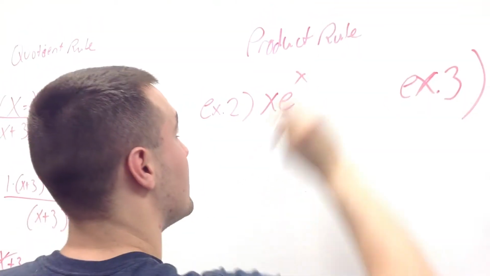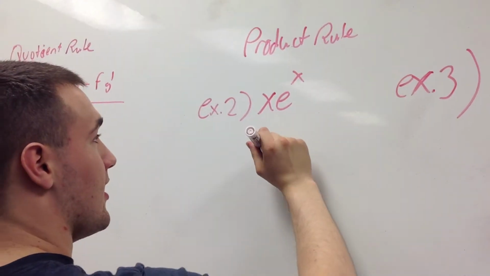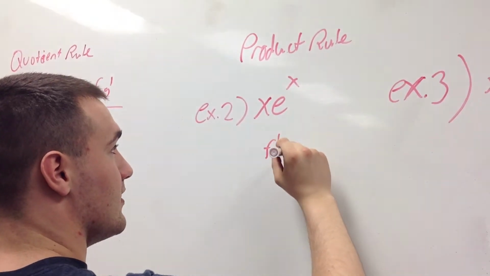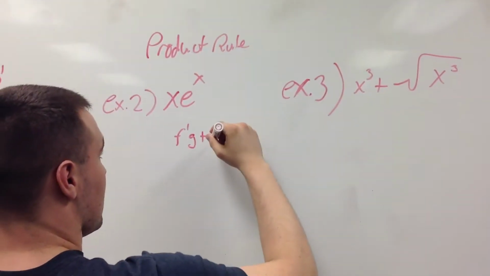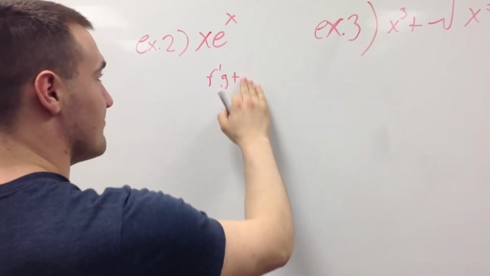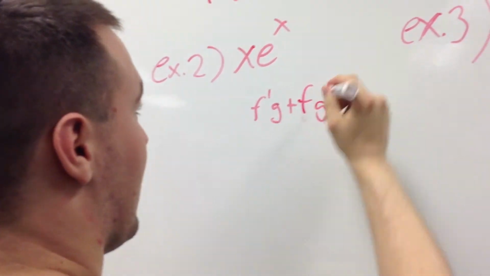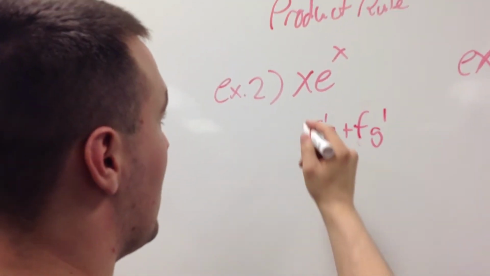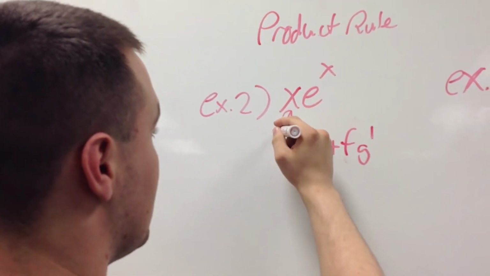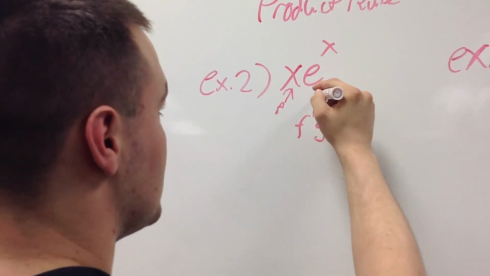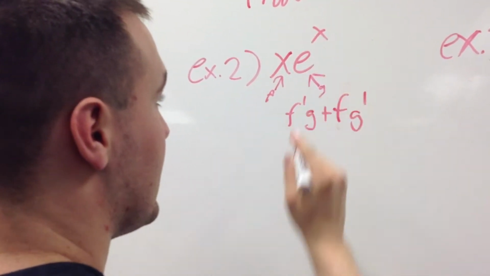Which, remember, product rule states f prime times g plus f g prime. That is the product rule. We're going to note that our f is x and our g is e to the x.